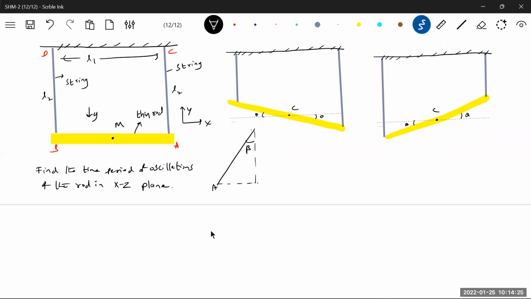So slightly, when the rod has been rotated in the XZ plane, this particular string will make some angle. Let that angle be beta. Let this distance be x, and this length is L2. And the tension will act here in this direction. Let me call this T naught.